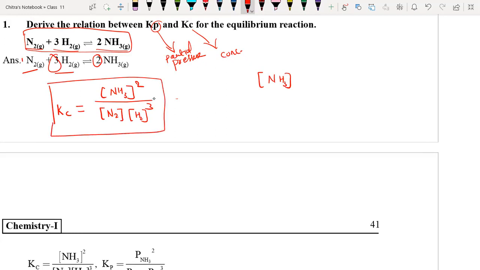Now all the reactants and products are in gaseous form, so their partial pressures apply in the container where the chemical reaction is taking place. So we have to write Kp now.